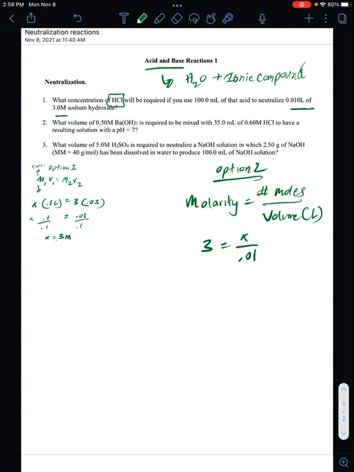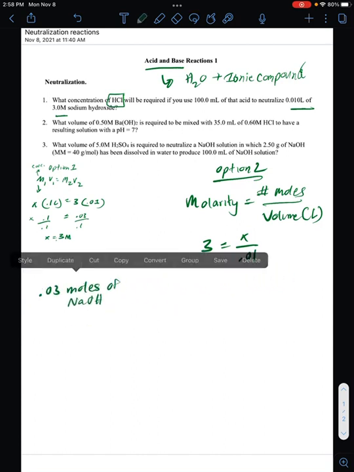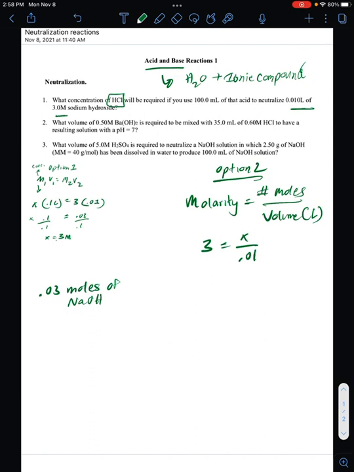So now you can take this and you can multiply 3 times 0.01. So we'll get 0.03 moles of NaOH. I'm going to move this over. Now I can do this like I would do any other stoichiometry question. Put that over 1. This will go at the bottom. So the thing I forgot to do was write out this equation.